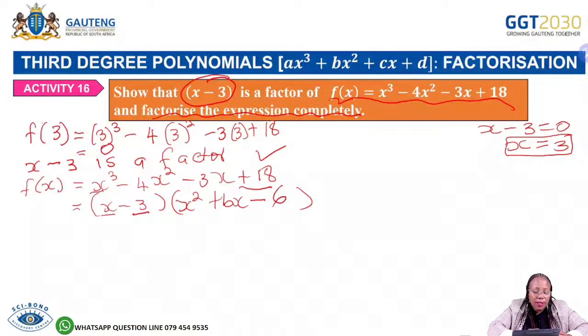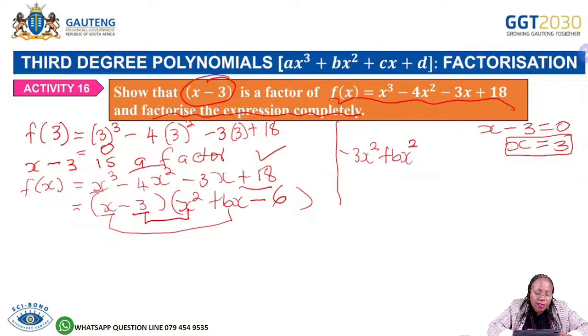Okay, and now we need to find the value of b. That is minus 3x squared plus bx squared equals the x squared on your f(x), that is minus 4x squared. This will give us bx squared equals minus 4x squared.